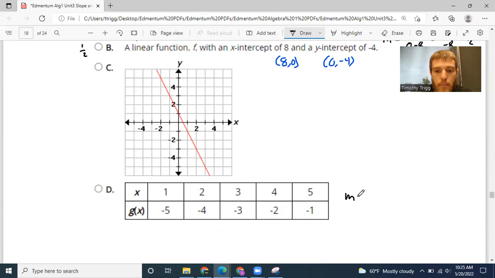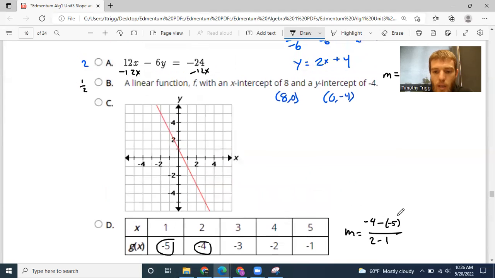To find the slope, here I would do negative 4 minus negative 5 over 2 minus 1. Go ahead and finish that and see if this slope is greater than A. So it's either D or A. You'll have to work this out and see if it's bigger than 2.